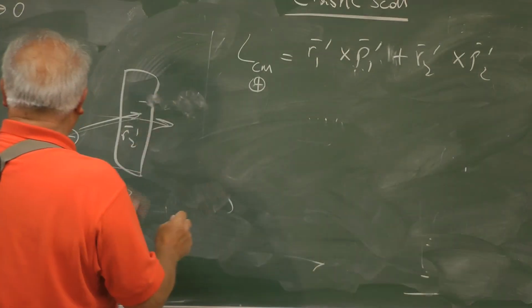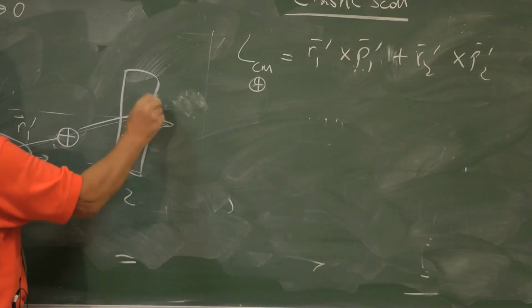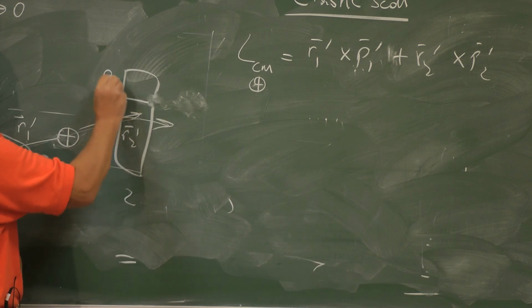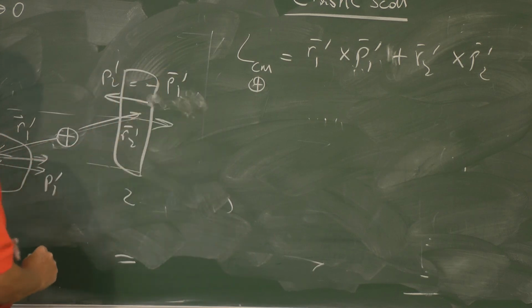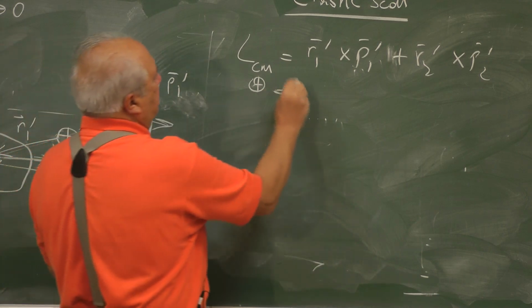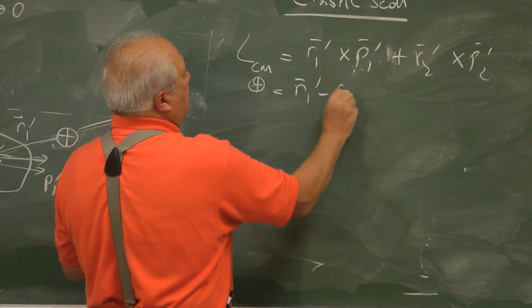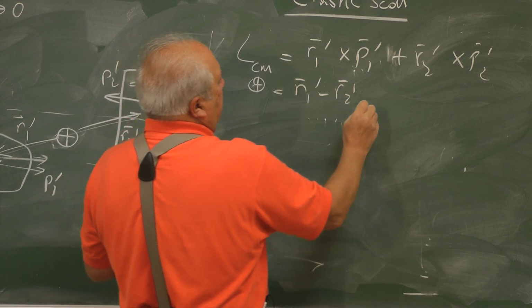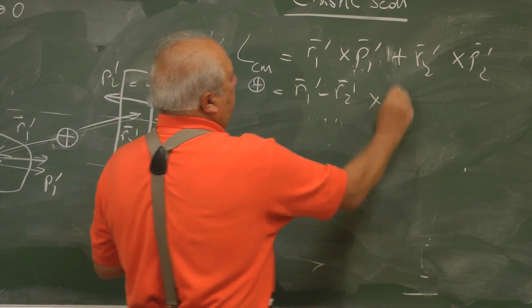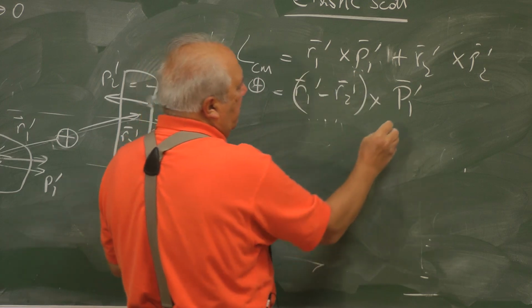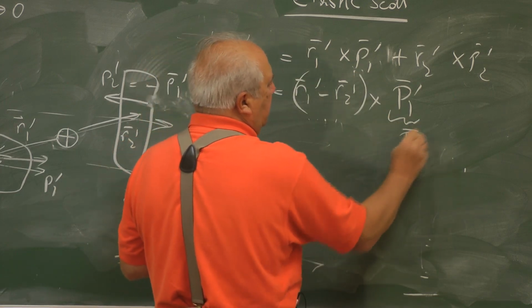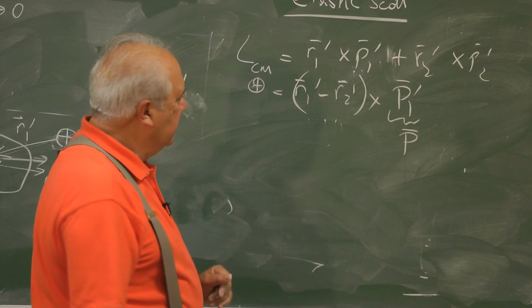But we showed that P2 prime was minus P1 prime in the central mass frame. So this is equal to R1 prime minus R2 prime cross P1 prime. P1 prime is simply P, which we showed at the beginning.